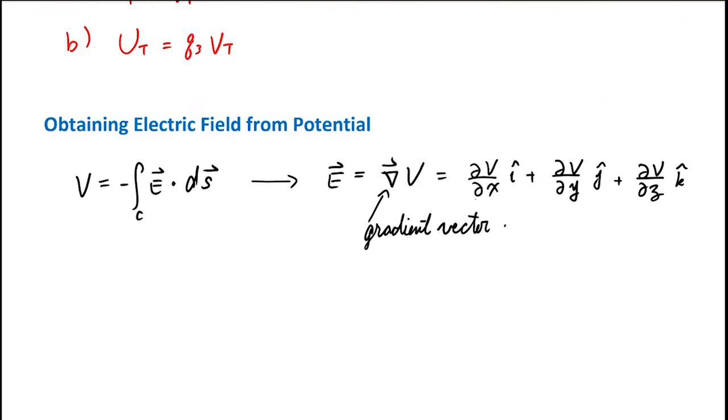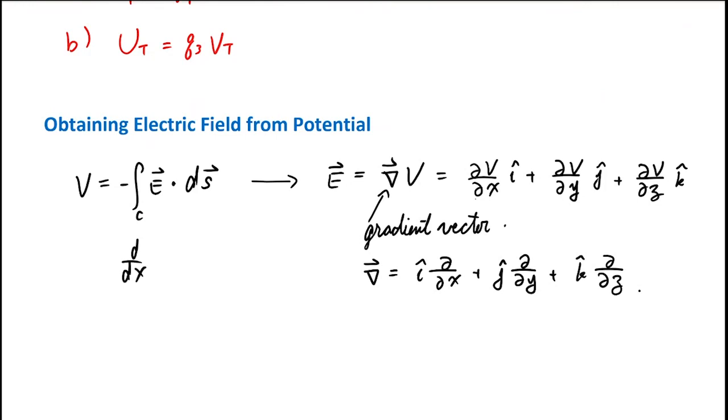You take a potential function and you take this derivative. And then people just write this thingy like this: i first, so that you can put some function here, right? Plus j plus k. That is an operator. You know that this is an operator, right? So this is a 3D version of that.